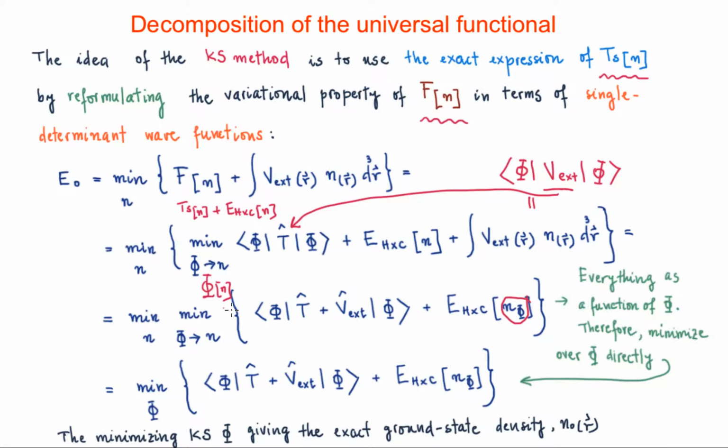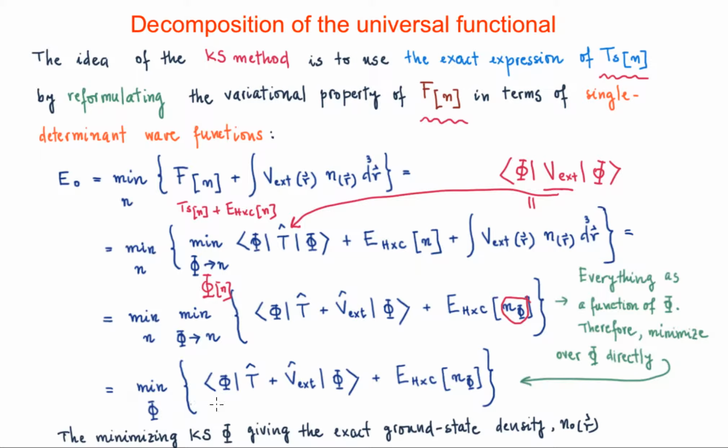Instead of doing that, as any electronic density can be obtained in terms of the Slater determinants, and we have this expression here, which is just a function of the Slater determinants, what we can do is just minimize with respect to the Slater determinants.